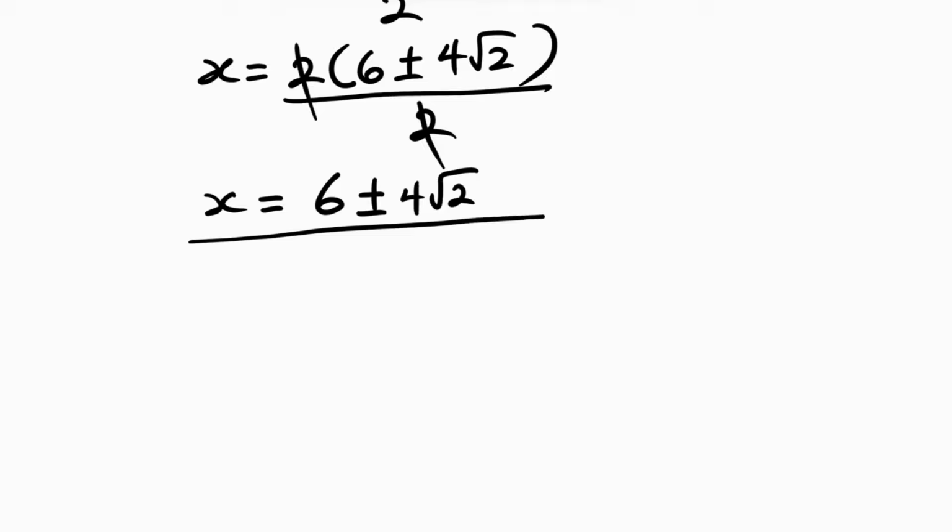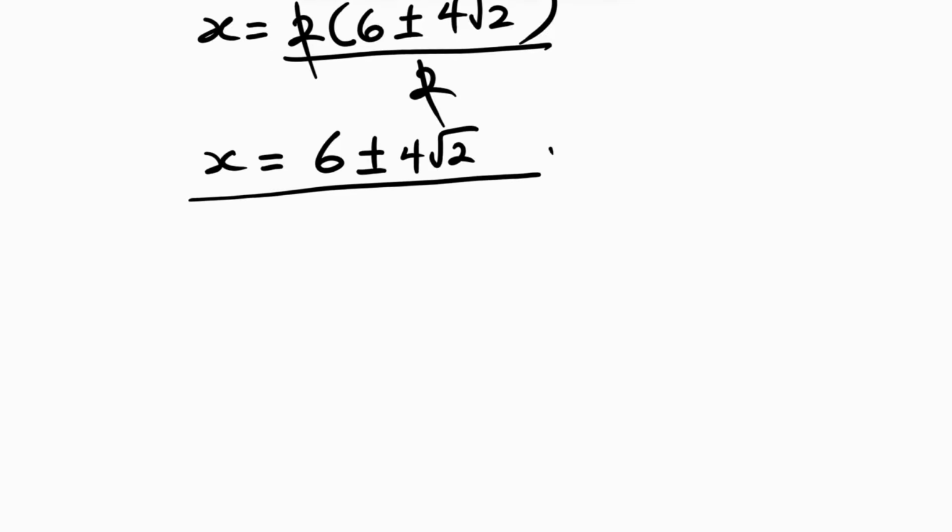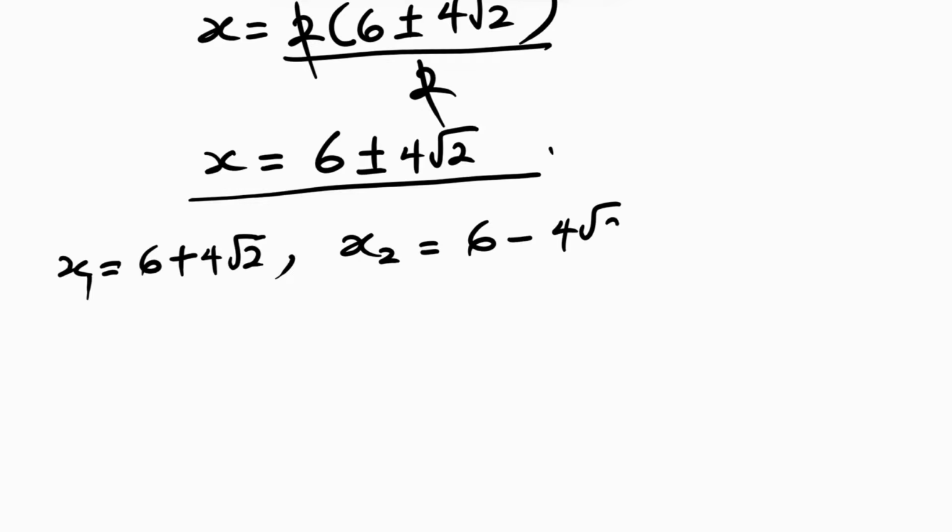Therefore, we have x equals 6 plus 4 root 2, and that's our x1. And our x2 is 6 minus 4 root 2.